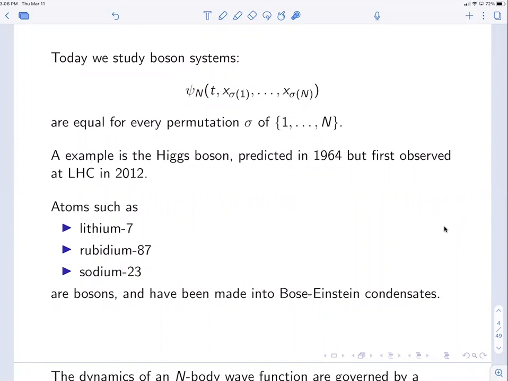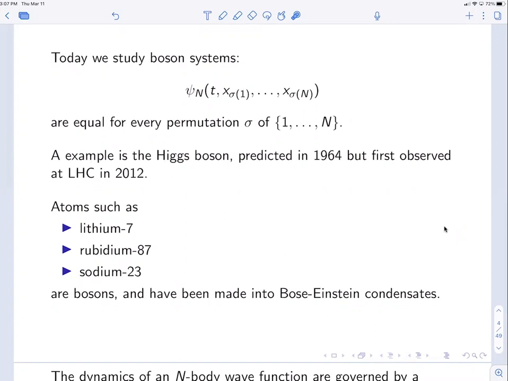And so a famous example of a fundamental particle that is a boson is the Higgs boson, which was predicted in 1964 by Higgs and first observed at the Large Hadron Collider in 2012. Then when you combine elementary particles into composite particles, the spins add.